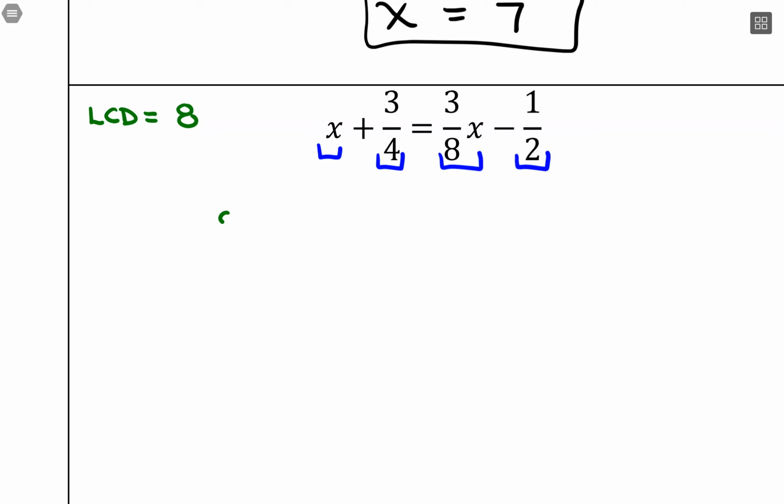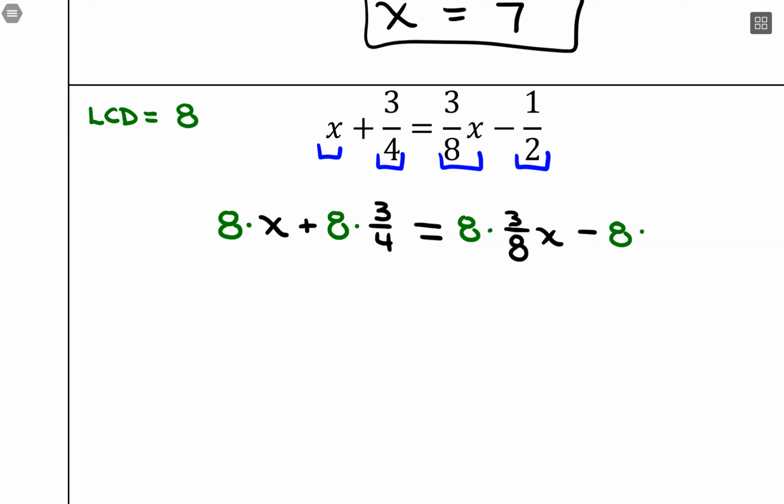So what this will look like is we'll have 8 times that term of x plus 8 times that term of 3/4. We'll have our equal sign, and then we'll have 8 times 3/8 x minus 8 times 1/2. And then we simplify.